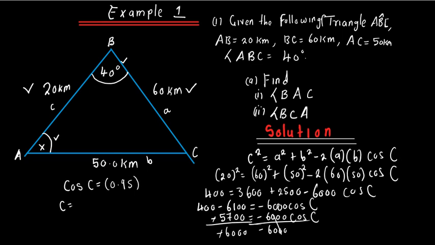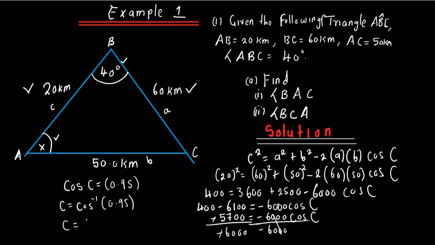So C is going to equal cosine inverse of 0.95. We can find the angle by simply saying shift cosine 0.95.